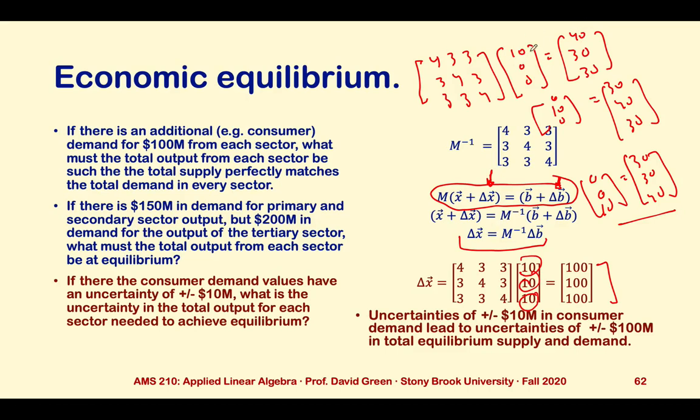Actually, 10 of this uncertainty comes from the actual uncertainty in the consumer demand, and then a balanced 30 of uncertainty in every sector comes from the propagation of that, the necessity of accounting for that uncertainty in the production and the interdependence of the values of the economy. So of this final 100 for each of these, 10 of the uncertainty directly comes from the consumer demand, and 90 of it comes from the internal relationships in the economy.